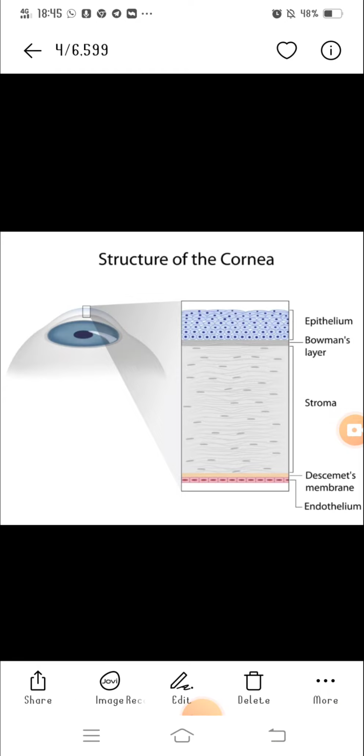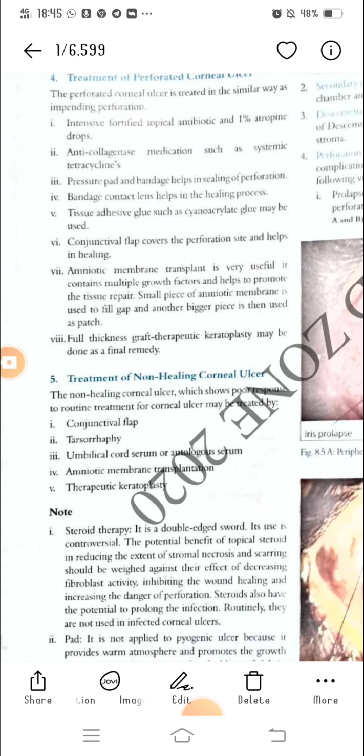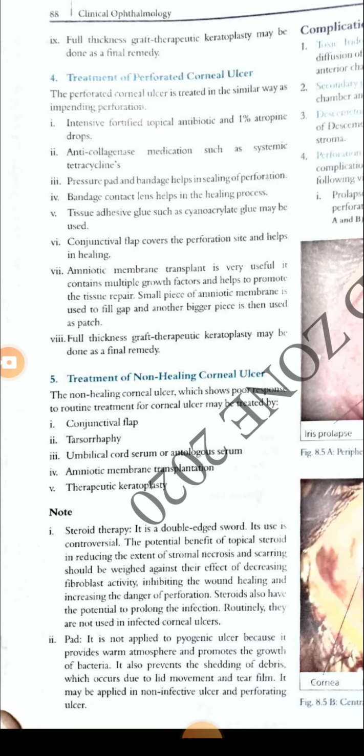Therapeutic corneal graft can also be used, and this corneal graft can be either partial thickness graft or complete thickness graft, depending upon the severity of the ulcer, that either all the layers of the cornea are involved or only some layers are involved.